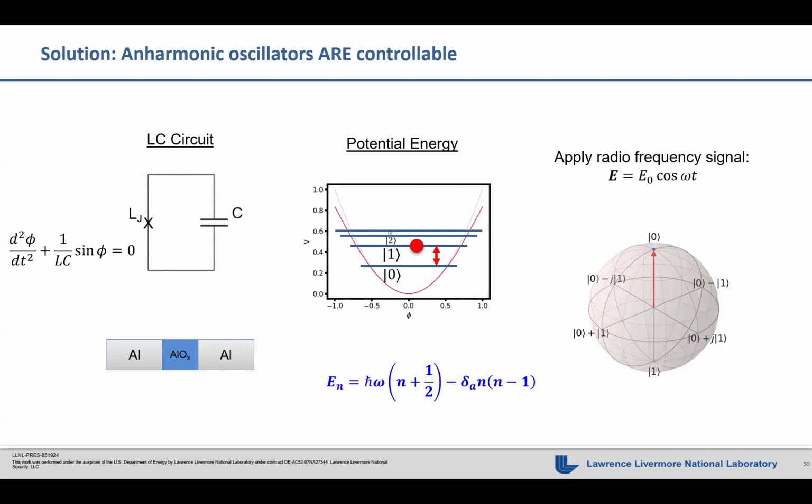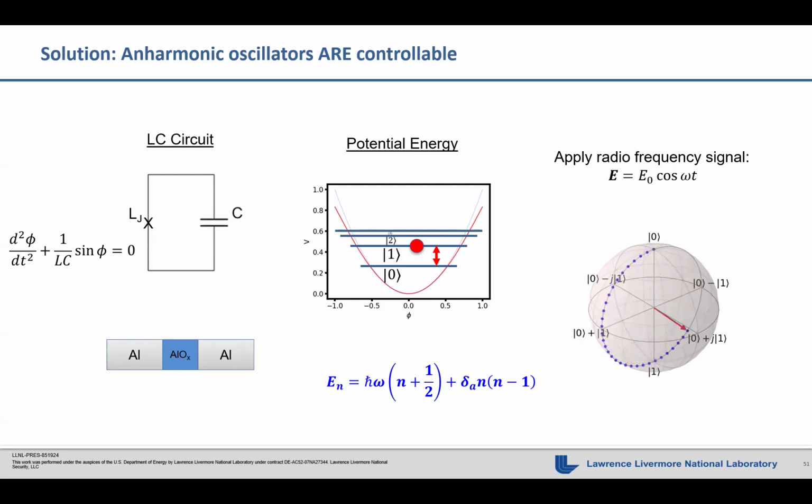If n equals 2, I have this change. So when n is 0 or 1, the energy difference is omega, but otherwise it's different. And so now if I apply my electric field, I'm going to oscillate between 0 and 1, and I'll do this controllably. So this is how we control a qubit in a superconducting system.